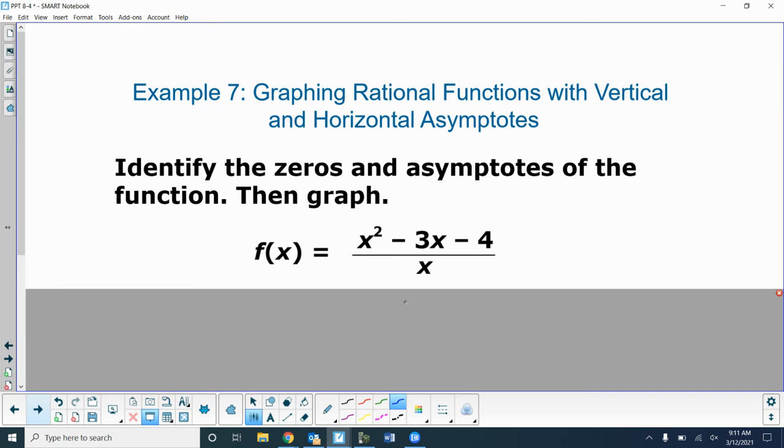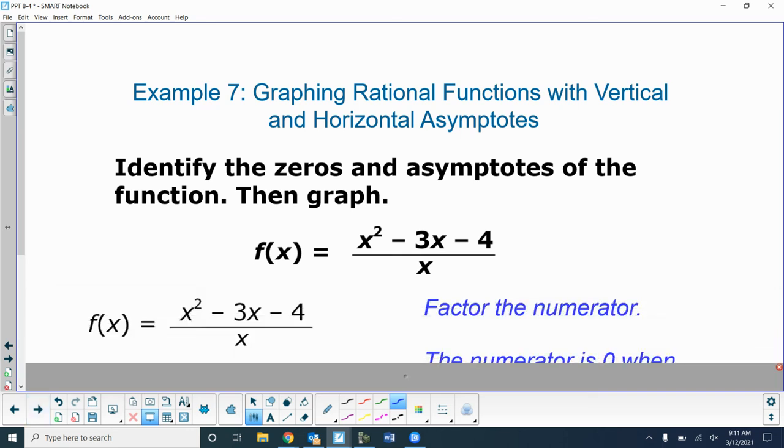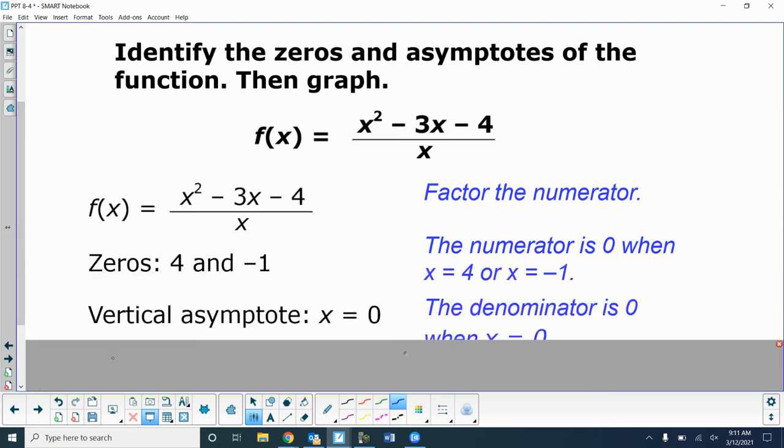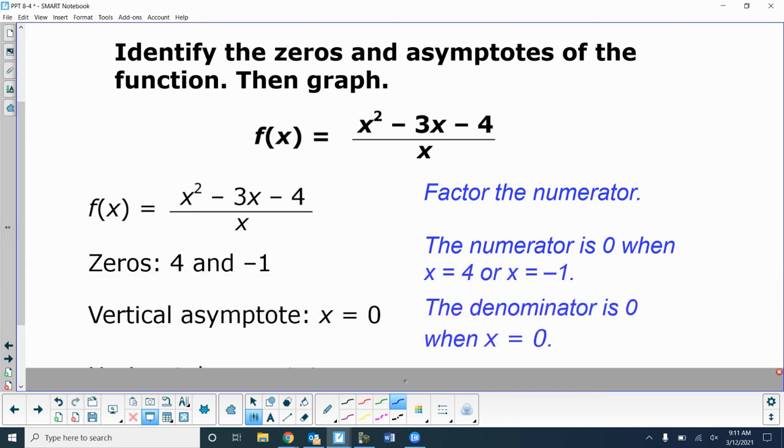So, bigger degree, smaller degree, is there a horizontal asymptote? No. All right? Factor it. I think this one's done. The work's done for you on this one. What are the factors of -4 that add up to -3? -4, +1, right? We'll do it. Okay, so there's my zeros.